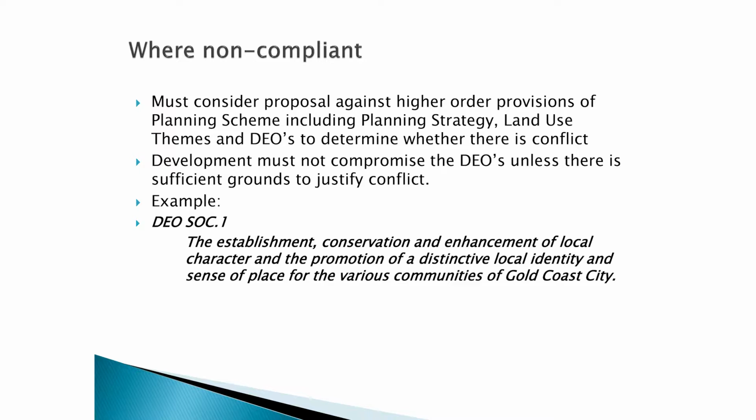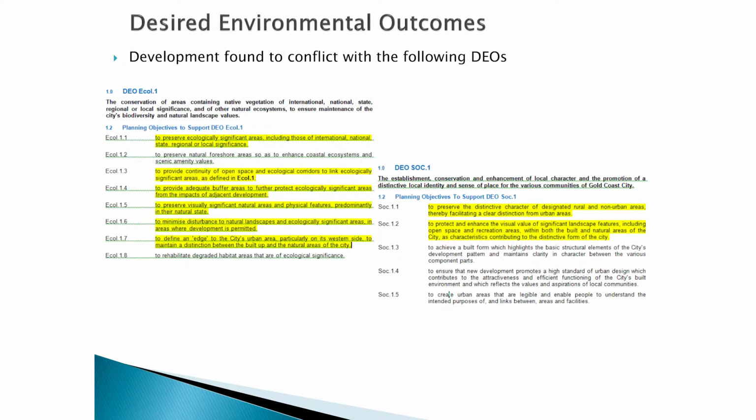And we've come across, and we believe, the DEO Social 1: the establishment, conservation, enhancement of local character and the promotion of distinctive local identity and sense of place. We believe that this application significantly compromises that. Just a few of the planning objectives which support this DEO: preservation of ecologically significant areas, I think we've said that a number of times; provide continuity of open space and ecological corridors, adequate buffers, preserve significant natural areas, to preserve the distinctive character of the area.